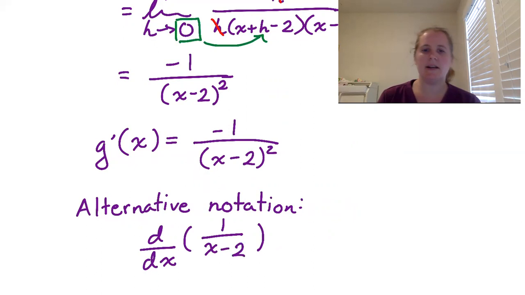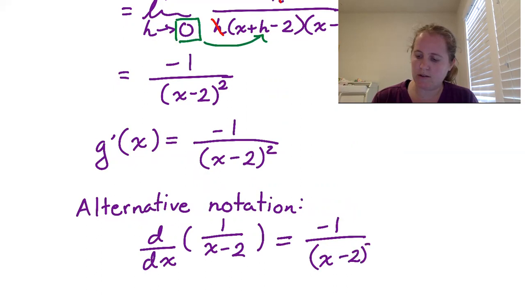So this is d dx of 1 over x minus 2, which means take the derivative of 1 over x minus 2. And you would get negative 1 over x minus 2 quantity squared out. So that's an alternative notation for saying that we're taking the derivative. So this is finding the derivative function.